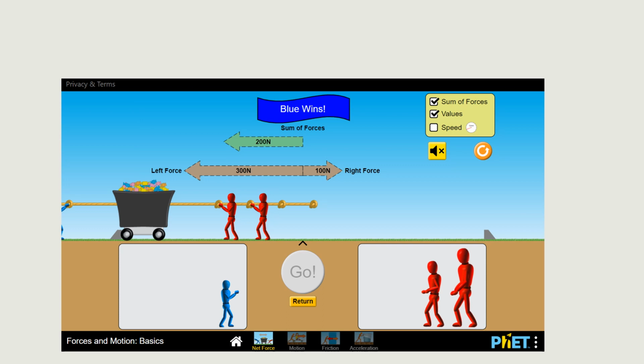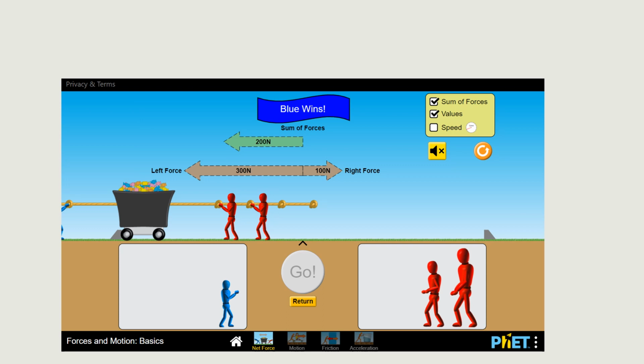How do you get this number? You know that 50 newtons was on the left, 100 newtons on the right, so 100 minus 50 gives you 50 newtons. This 50 newtons is what we call the sum of the forces, or the more proper word, resultant force. Let's see what will happen if I put two boys on this side and two girls on this side.